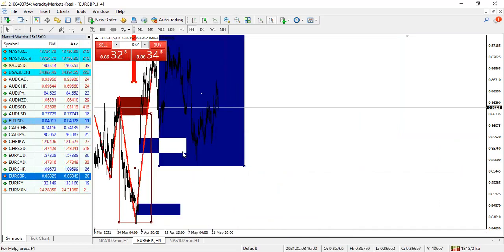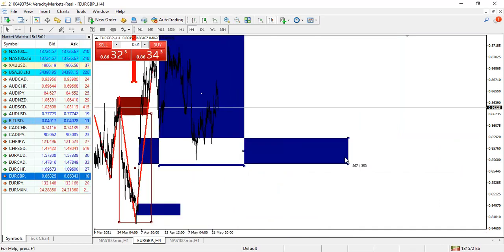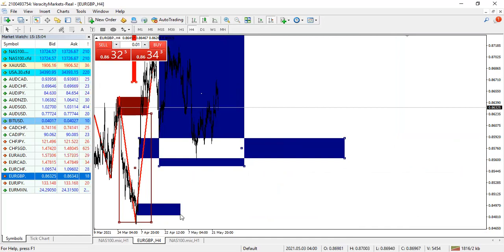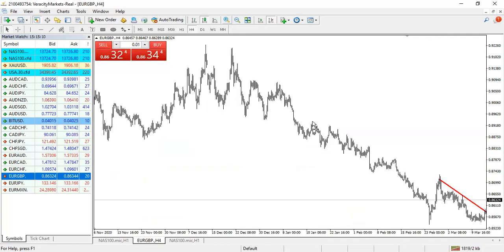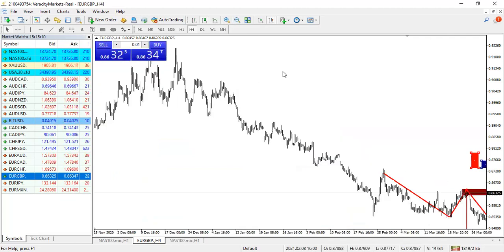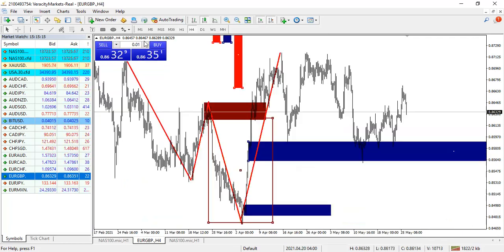Therefore, I wait. Then when the market came in the future, it came to our zone and went back.